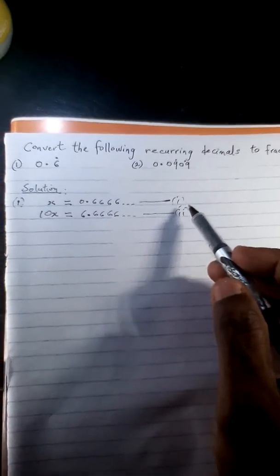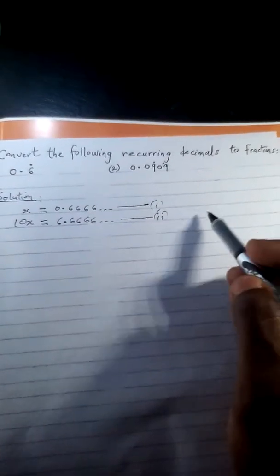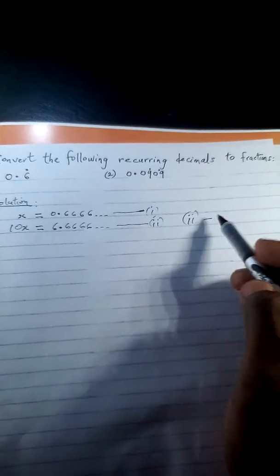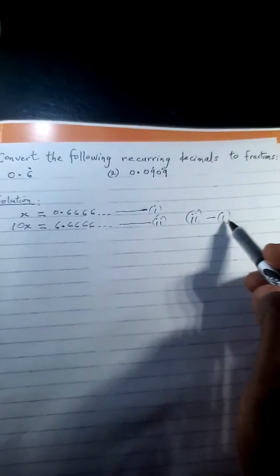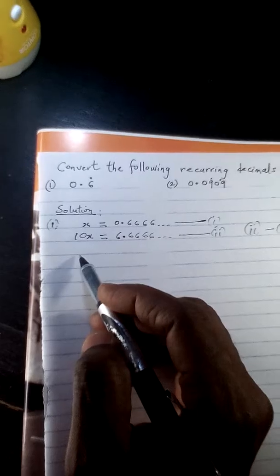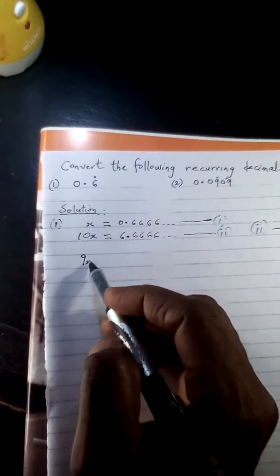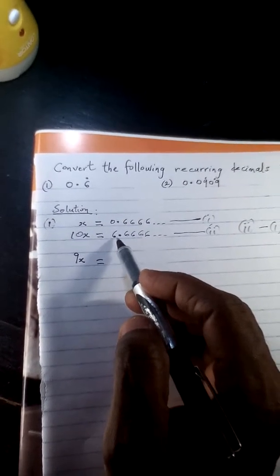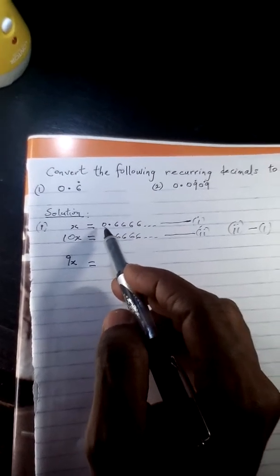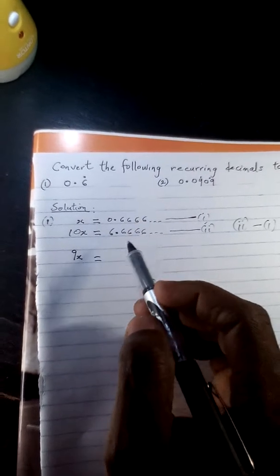Alright, now from here you subtract equation 1 from equation 2, that is equation 2 minus equation 1. So doing that we're going to have 10x minus x, so that is 9x, then 6.6666 minus 0.6666, like that.